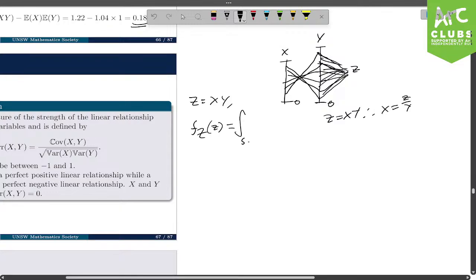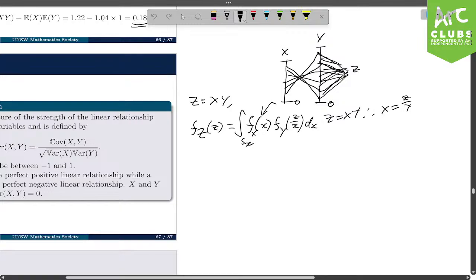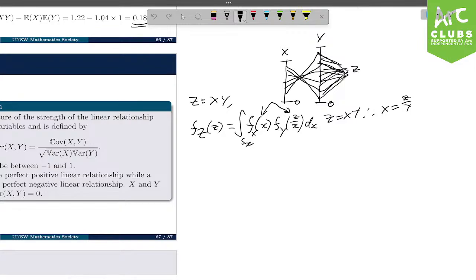Basically, over the domain of x, we take f of x, and then multiply by f of y of z over x, because that's the very important distinguisher here, because we are essentially summing every probability that gives us this event, right? Because we want, okay, how do I get z to be this value? What's the probability associated with it? I need to associate every choice of two probabilities that makes that one.